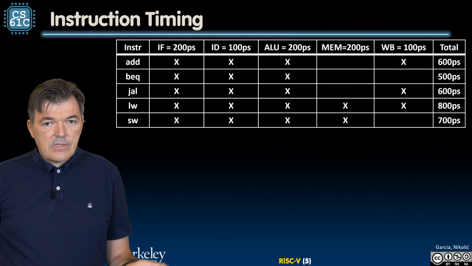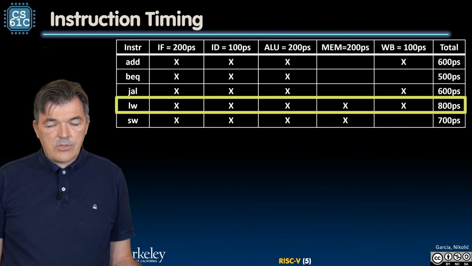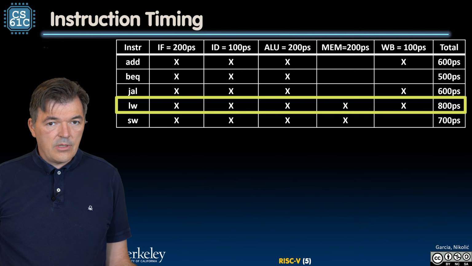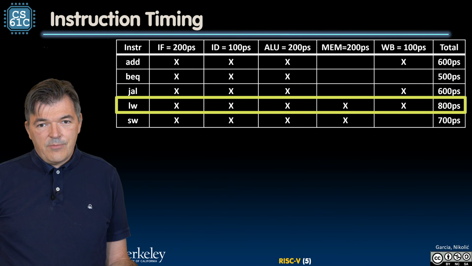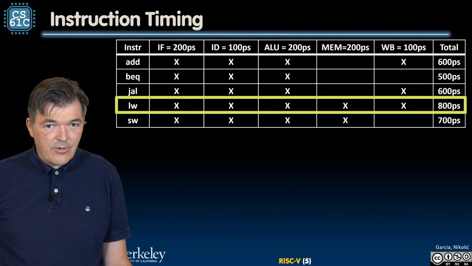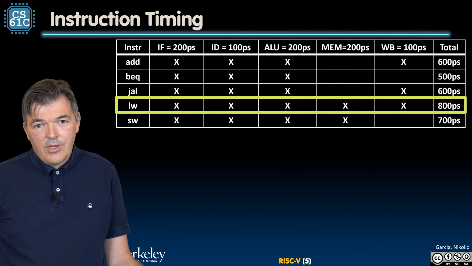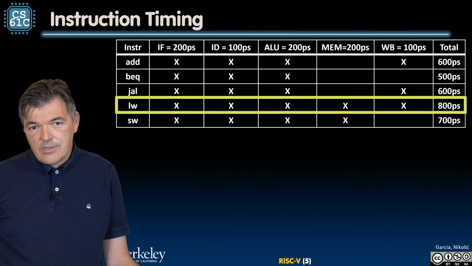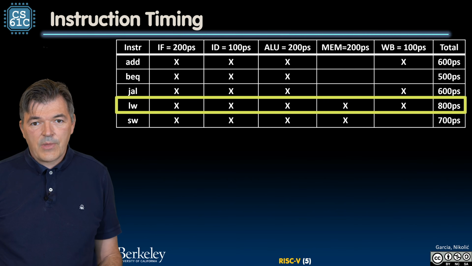Now, not every instruction goes through all 5 phases of execution, and we found that only one of them, load word, went through all 5 phases. We could possibly think of clocking this processor faster, but then it would not be able to do the load word instruction, although it would be able to do most of the other instructions.